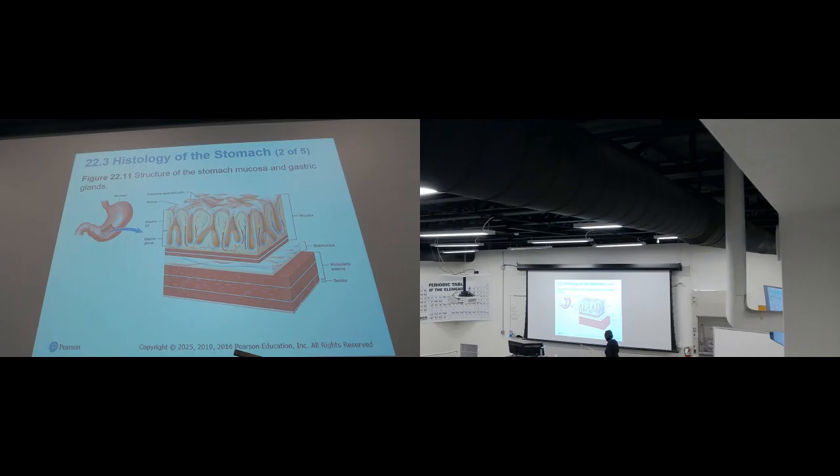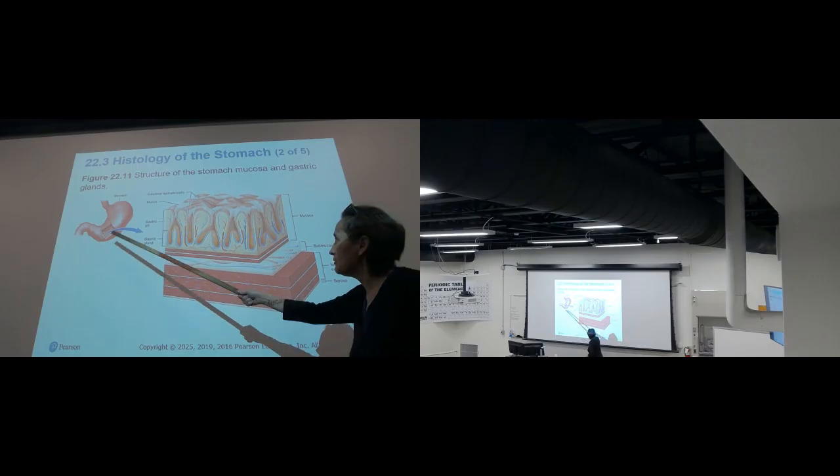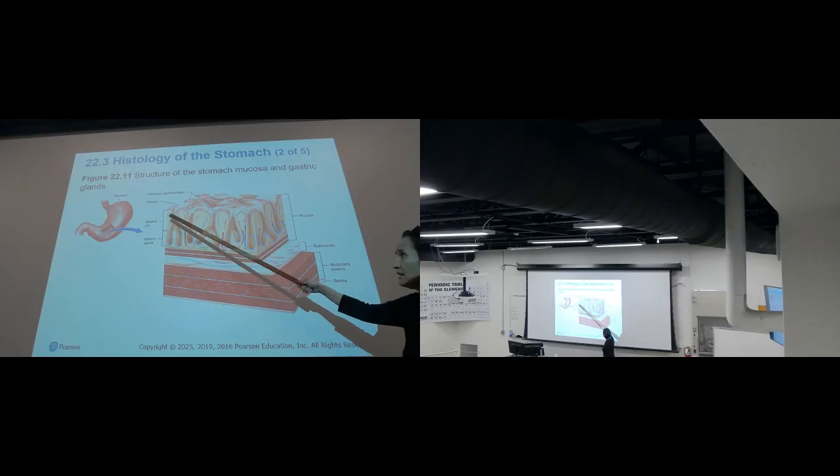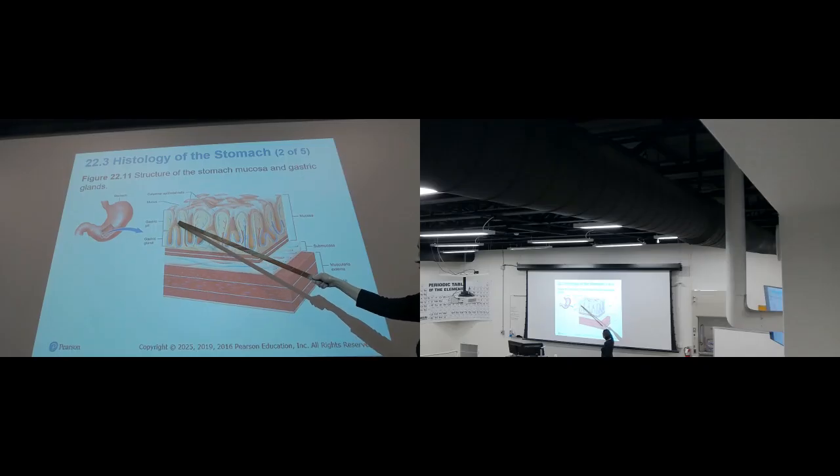So here is a magnification of the wall of the stomach and the epithelium. So this is the mucosa. So that's where we have the rugae. And we have this simple columnar epithelium located in these gastric glands, and these gastric glands open to this gastric pit.